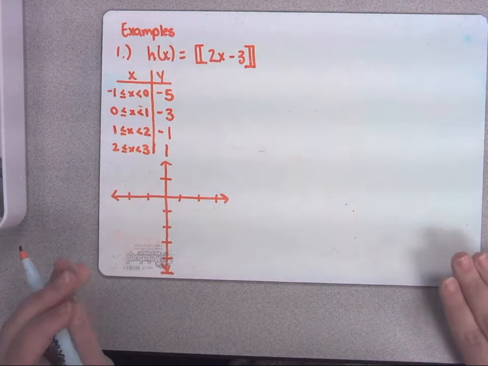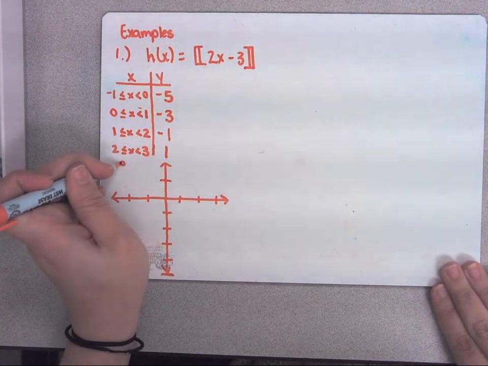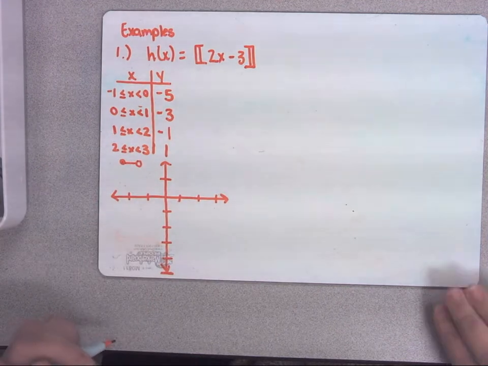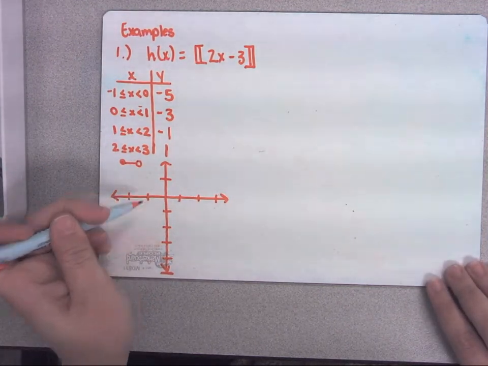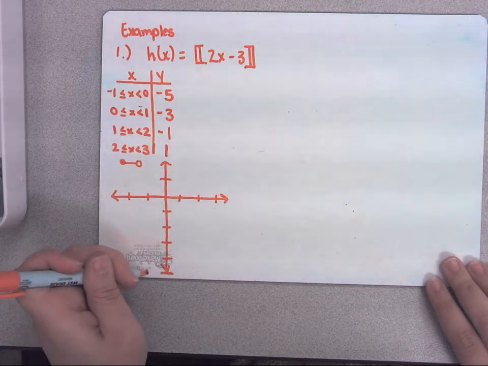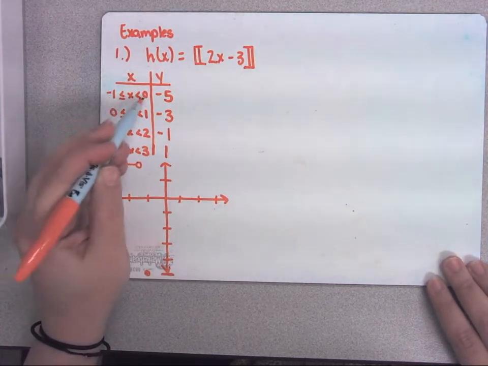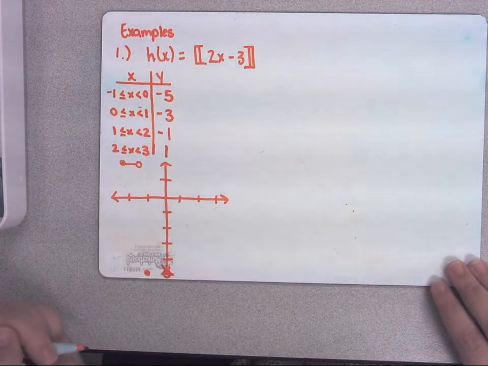Okay. All of these pictures always look like steps. So this image right here makes a closed dot on the left and open dot on the right. And when they're in the same line, they connect to make a line. So -1 goes to -5, closed dot. 0, because they're on the same spot, 0 also goes to -5, open dot.